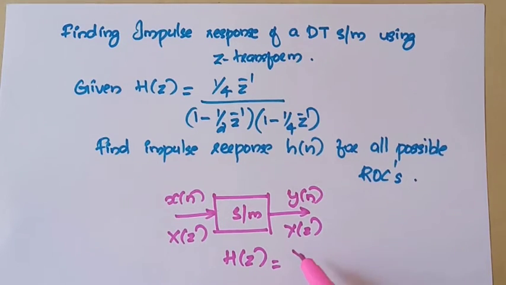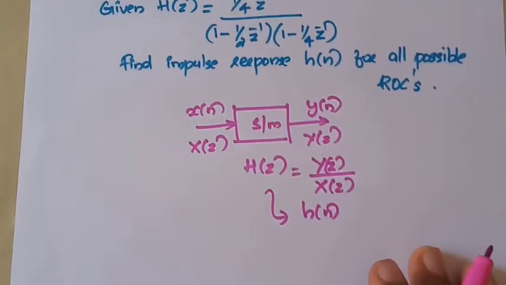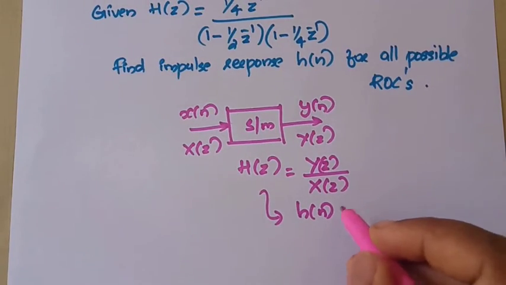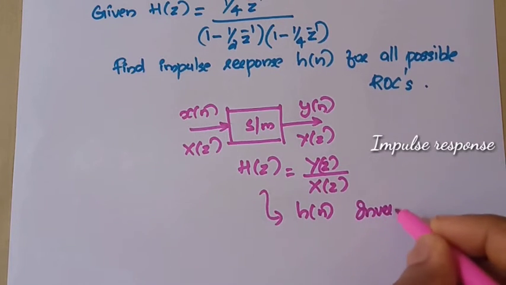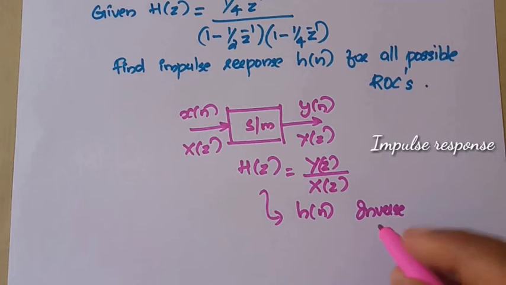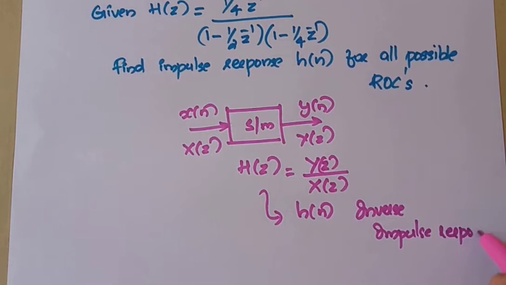We know that system function H of z equals Y of z divided by X of z, where H of z is the system function, and h of n is the impulse response, which is the inverse Z transform. So here we need to find the inverse Z transform to get the impulse response h of n.